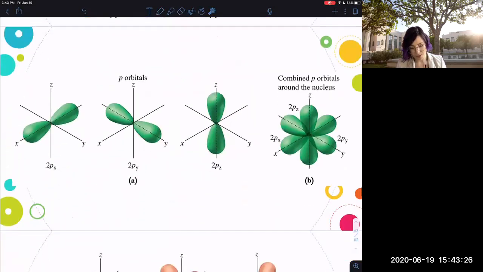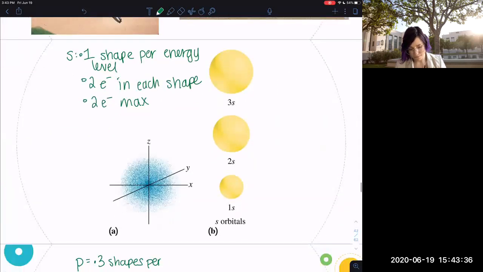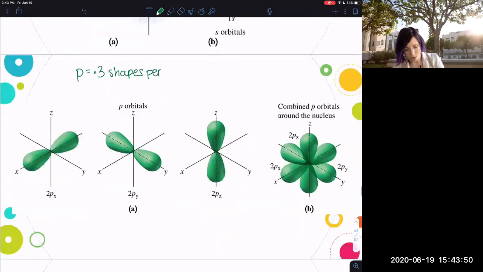The next shape is called P, and it's more of this dumbbell shape. There are 3 shapes per energy level. This starts at energy level 2, so we're kind of building on, starting with an S, then another S and adding a P, and then in the third energy level, we're going to add another shape.